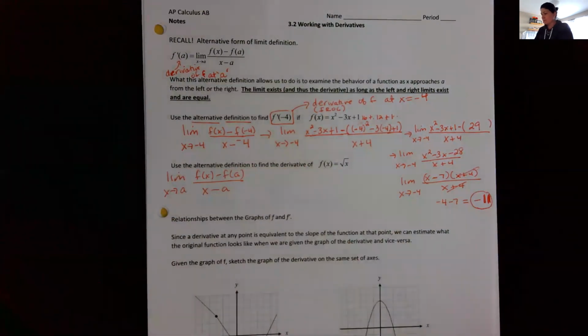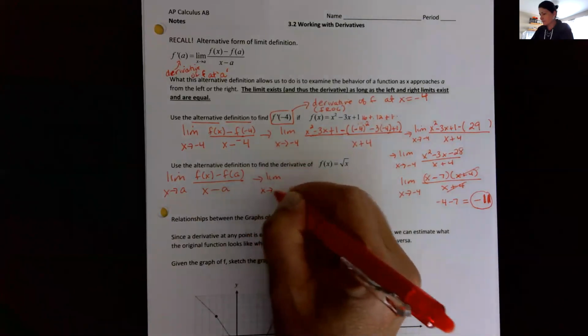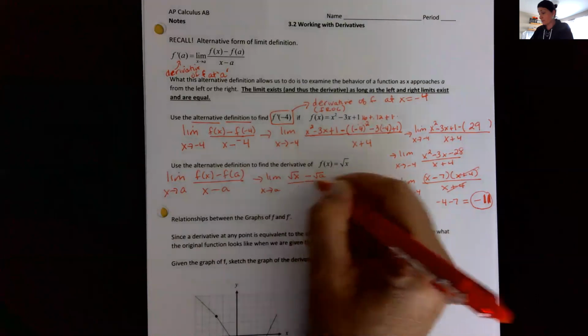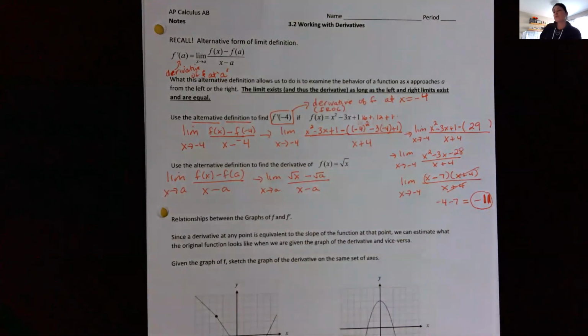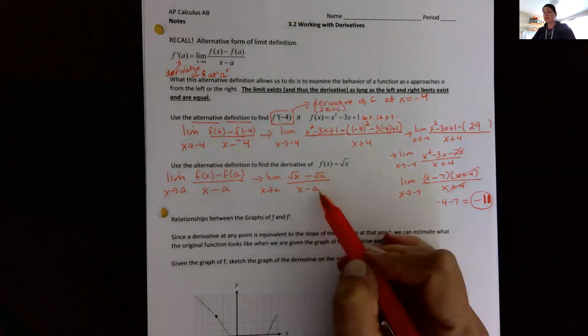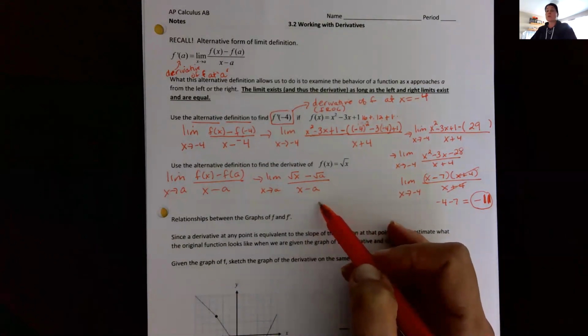Okay, so f of x is square root x minus square root a. Plug a into the function over x minus a. You have two choices. I can't plug a in. If I plug a in, 0 over 0, I get square root a minus square root a over a minus a. So I have to do some algebra. Conjugate works, or you can factor.